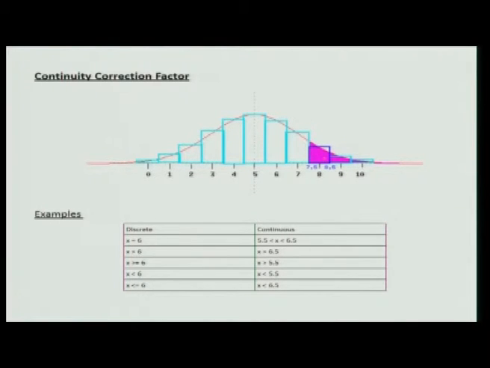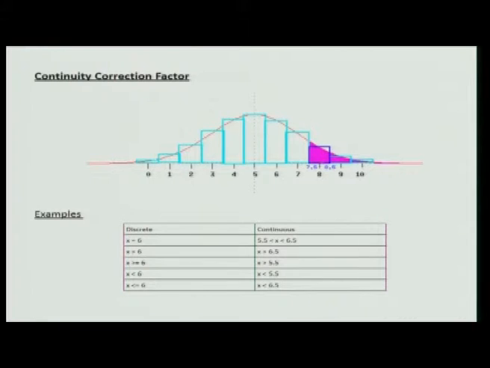Okay. For the continuity factor, you will do it from 7.5, because you want to include the area at the point 8. The probability represented at that point by this bar should get added to your estimate, right.